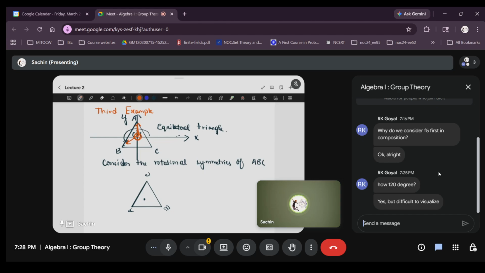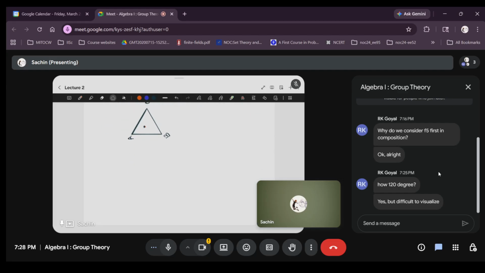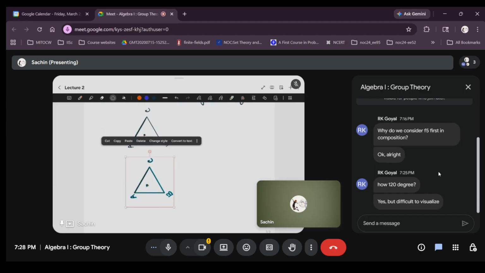So if you're rotating it again by another 120 degrees, like this, actually you can see the angle, right?